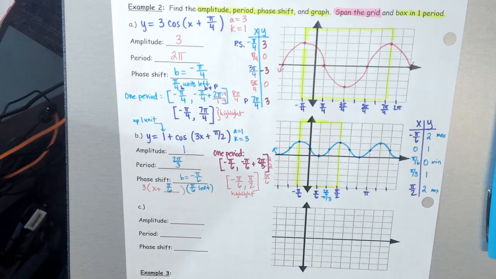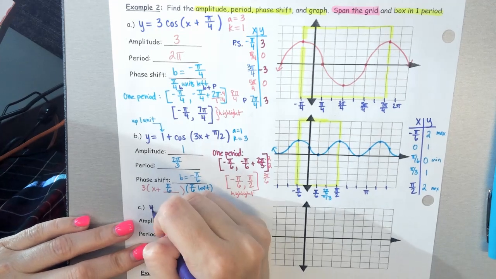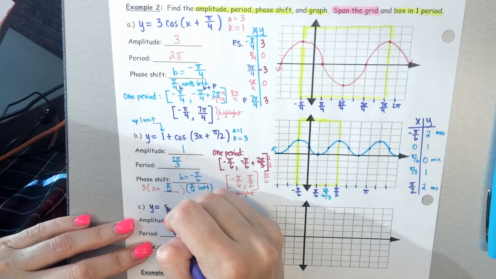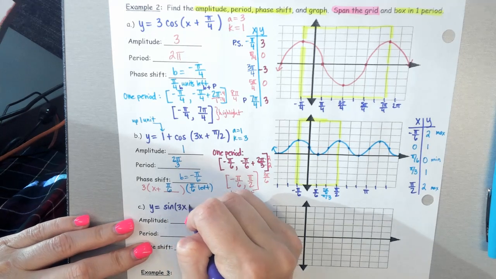Okay, so what questions do we have on that one? I combined several things together. All right, let's try this one. Y equals the sine of 3x plus 5.